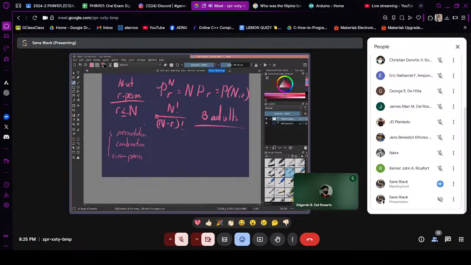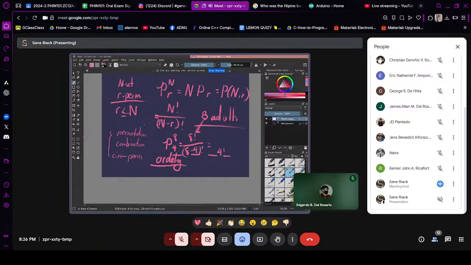From 8 adults, we want to arrange them in 4 slots. To do that, we choose 4 adults and then arrange them. So that would be P(8, 4), because we're choosing 4 from 8 and arranging them orderly, and the order matters. So that will be 8 factorial over 8 minus 4 factorial, which is 8 factorial over 4 factorial.